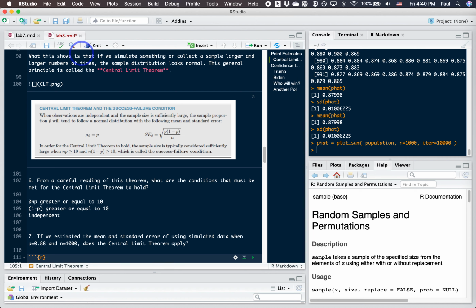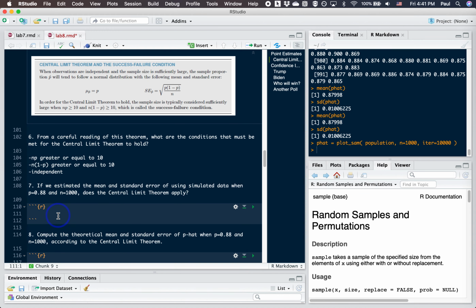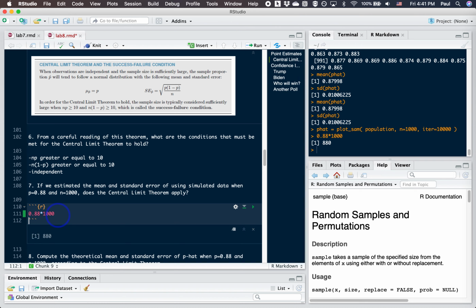These two conditions are related to the sample size being large enough, and this condition is related to how we're sampling our data. So let's see if our simulated data of 1,000 samples meets these conditions, and we'll assume independence holds. Firstly, 0.88 times 1,000, p times n, should be greater than 10.